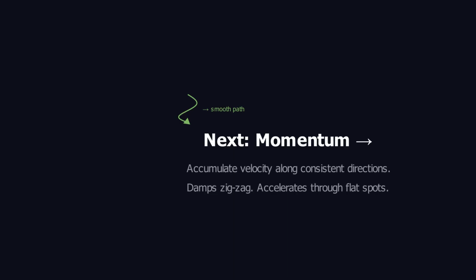On flat regions and saddle points, where the gradient is tiny, SGD barely moves, sometimes near stationary for thousands of steps. Each failure has a targeted fix. Next episode, momentum. Instead of using only the current slope, we accumulate velocity along consistent directions. That damps the zigzag and accelerates through flat spots.